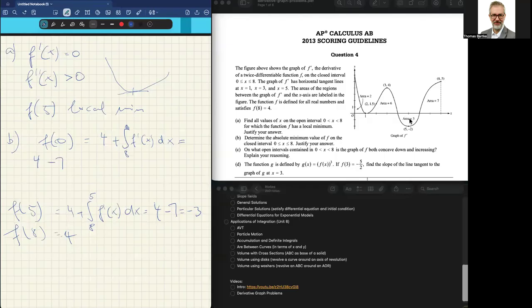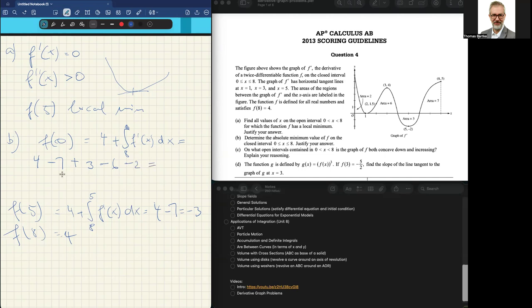And then let's see, this area here is below the x-axis, but we're moving through it in the negative direction. So it's negative times negative, so that's actually positive 3. Then we have an area here that is a negative area, so it's minus 6. And then this area here is negative as well, so minus 2.